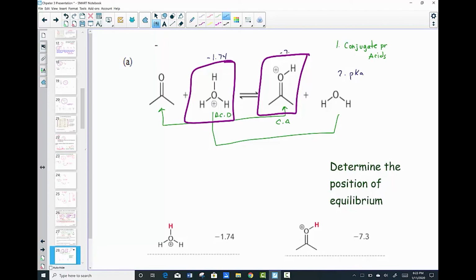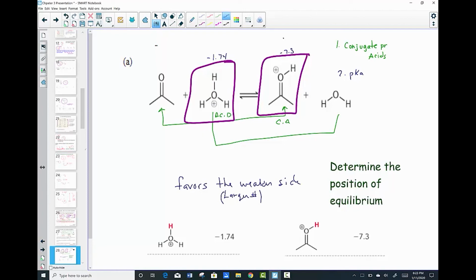Determine the position of the equilibrium says, equilibrium favors the weaker side. The weaker acid has the larger number. Negative 1.74 is a bigger number.